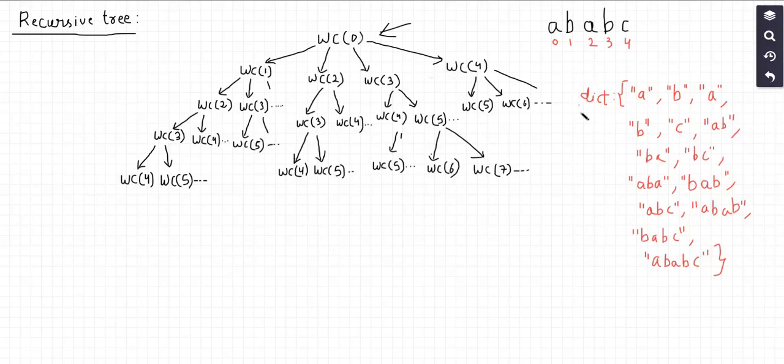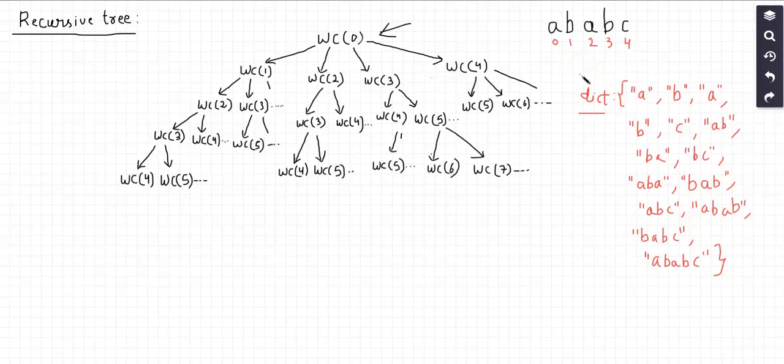The worst case is that the dictionary contains every substring: A, B, C, AB, BC, ABC, and so on.